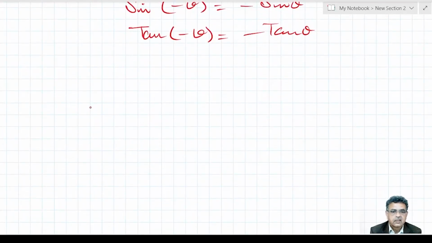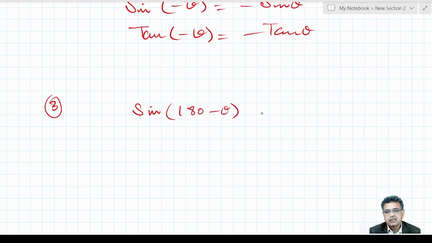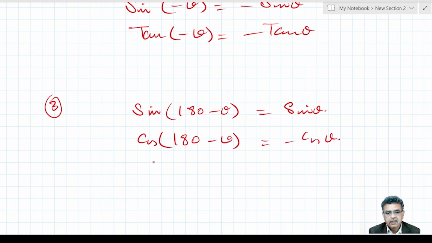And now number three, this is what we have discussed today. Sine 180 minus theta equal to sine theta. Cos 180 minus theta is minus cos theta, and tangent 180 minus theta is equal to minus tangent theta.